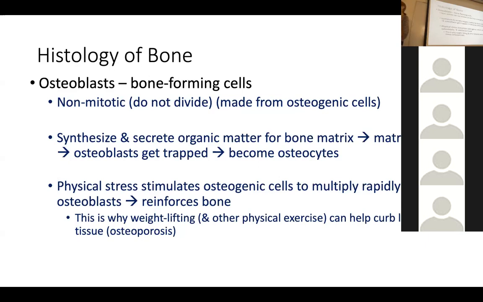It makes more osteoblasts, which makes more bone matrix. Okay, so those are osteoblasts. An osteoblast always becomes an osteocyte. That always happens. So next we're going to go into osteocytes.